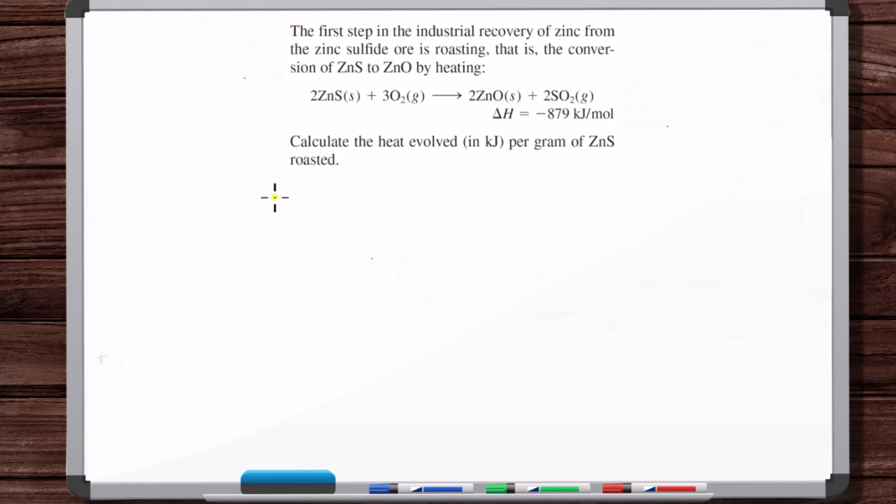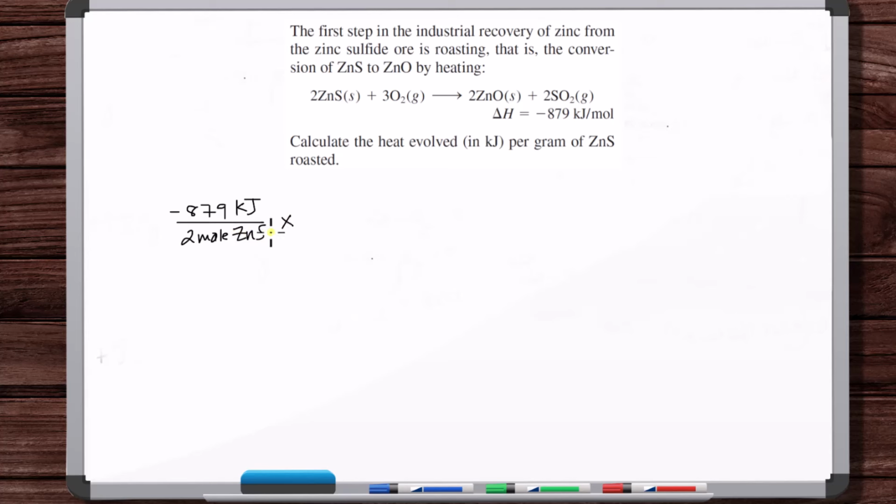Okay, so we know that the way we interpret this delta H, looking at this zinc sulfide, is that for every 879 kilojoules of enthalpy energy released, 2 moles of zinc sulfide were consumed.